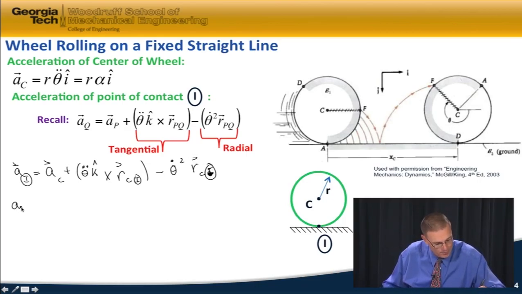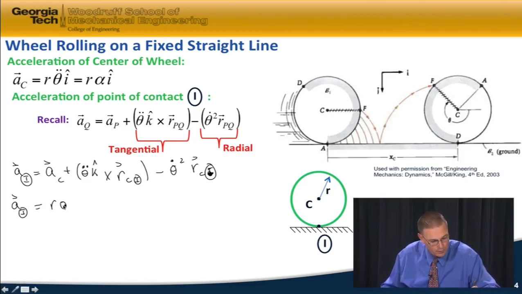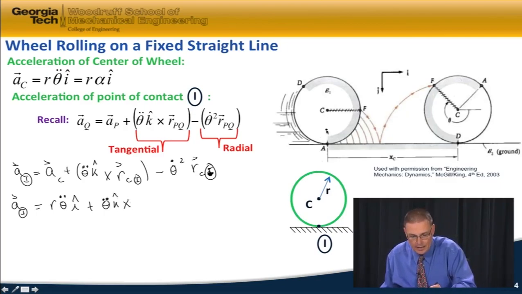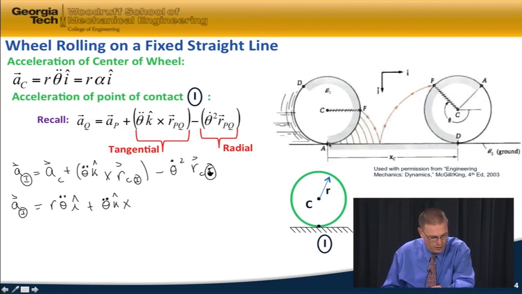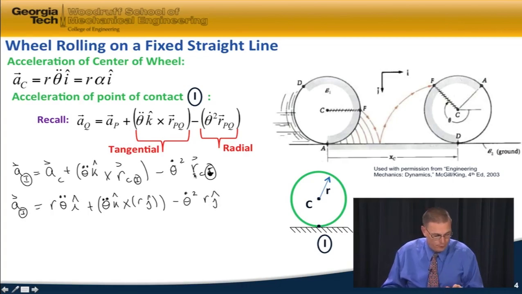And so I've got the acceleration of the point of contact, which I've labeled as the instantaneous center for zero velocity, is equal to, now I'm going to substitute in A sub C, which is r theta double dot I. And then I've got plus theta double dot K crossed with r from C to the point of contact, which is now going to be in the positive j direction. So that's going to be r j, minus theta dot squared r in the j direction, r from C to the point of contact.